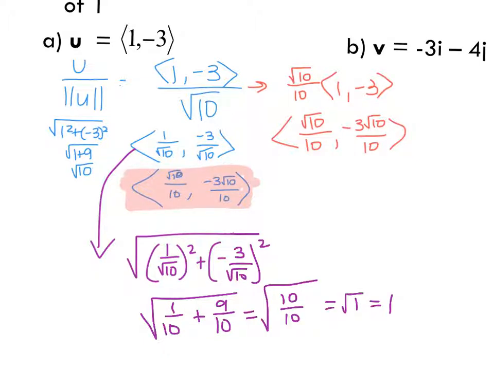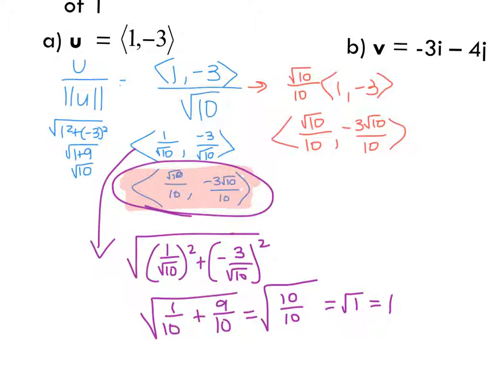So that's how you can check your answer, okay? Your resultant vector should have a magnitude of 1. But this is really what you're looking for. Questions so far?